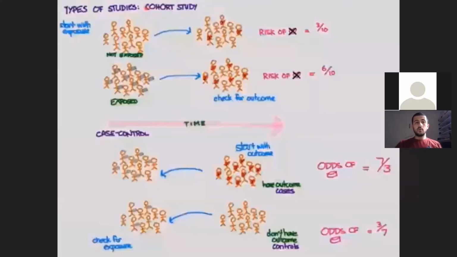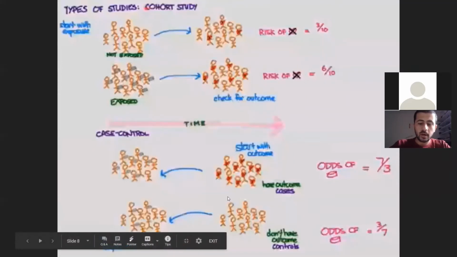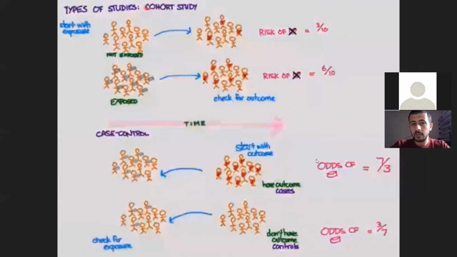Okay, so now here we find a cohort study. In a cohort study, I follow people forward, and in a case control study, I go backward. But what is the difference in the measures of association? When I'm talking about a cohort study and I'm following forward, I'm taking a group that is representative actually of the population.